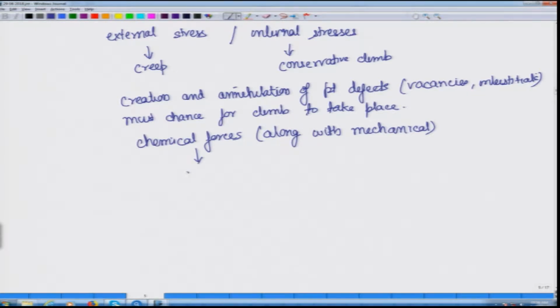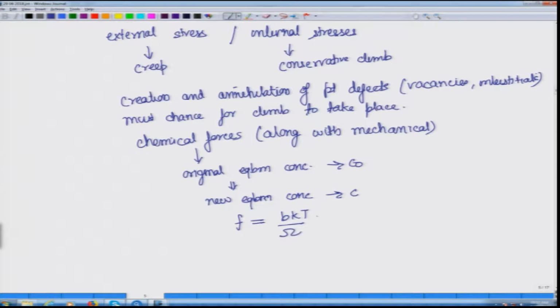So, let us say the original equilibrium concentration was C naught, and let us say it has changed to C. Then it can be easily shown that this chemical force can be given as B K T by omega ln C by C naught.